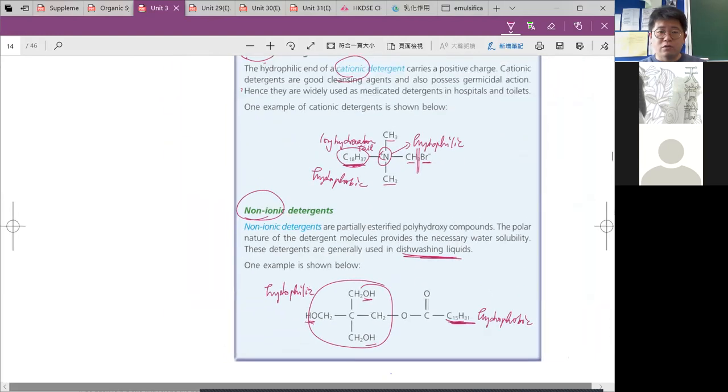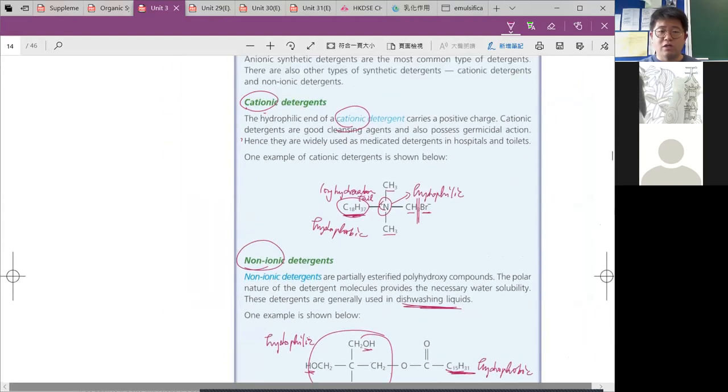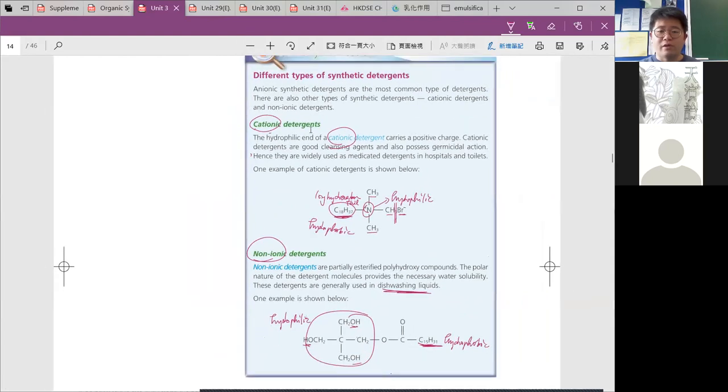So you may have got so many different types of detergent, right? Anionic one, cationic one, or even non-ionic one. We have got different types of detergents, and whether or not I say it's detergent, we need two important parts. What are those two?